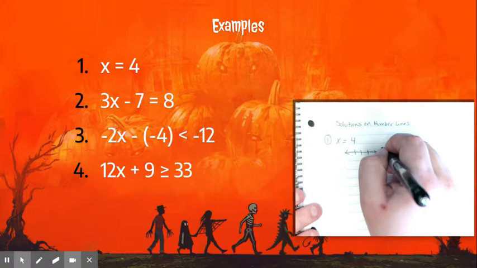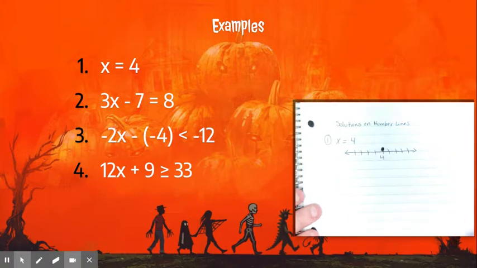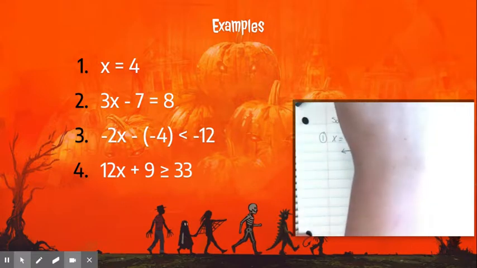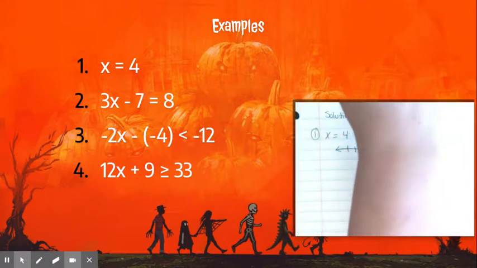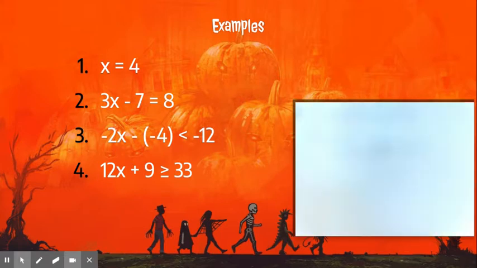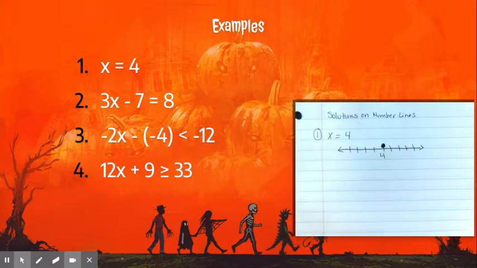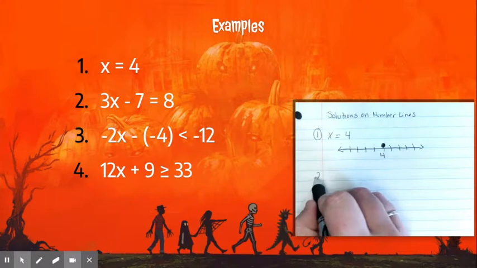Okay, x equals 4. And that's all it is to it for your equals, okay? That's all we've got to do. Let me zoom in a little bit. There we go. X equals 4. Okay, so that one was easy because we didn't have to solve.